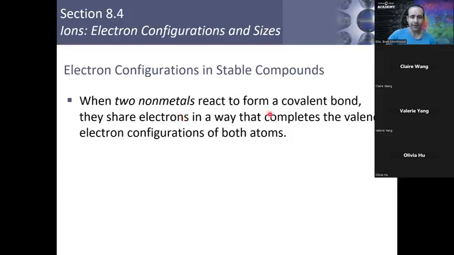So these covalent electrons are going to be shared such that they complete an electron configuration, filling it up to be 8 total valence electrons for both. So, you know, if one atom is 6 and the other is 6, they're going to borrow, I think, 4 total electrons would be shared so that they each have 8.